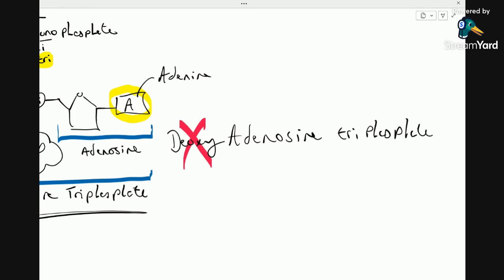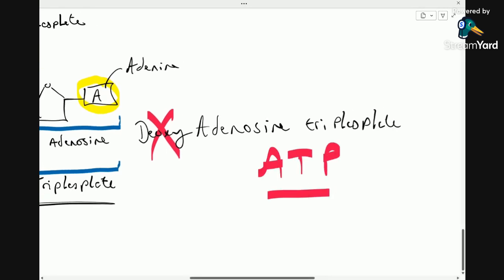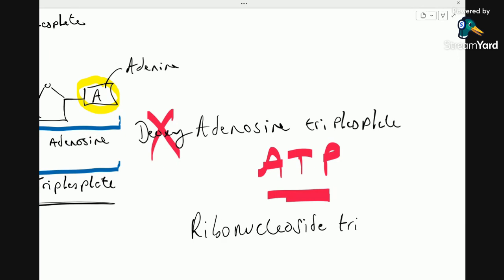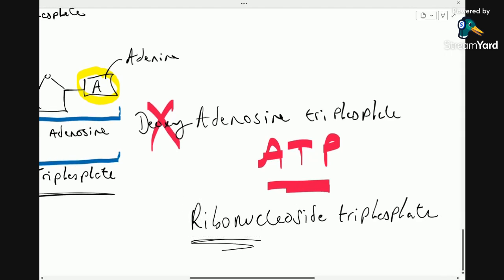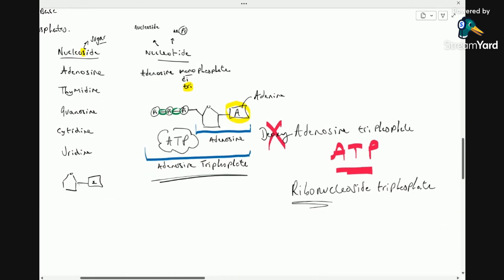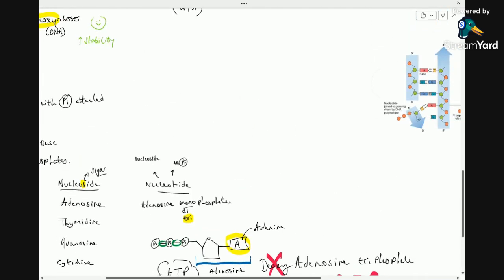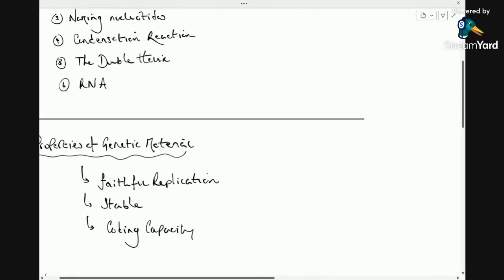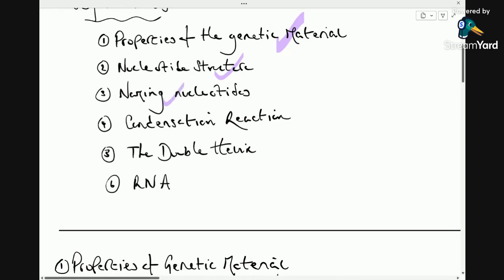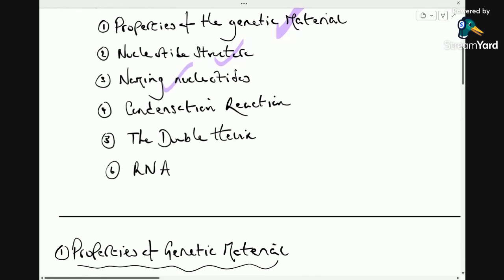So ATP, as we know and love, adenosine triphosphate, is a ribonucleoside triphosphate, because it is using ribose as the sugar, not deoxyribose. So hopefully that makes sense. That's naming nucleotides. Name the nucleoside first, and then how many phosphate groups are attached. And if it's deoxy, we need to put the word deoxy in front of the nucleotide name.